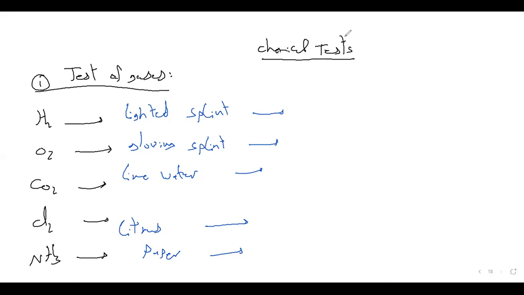In case of hydrogen, the lighted splint burns with a pop. Oxygen, a glowing splint relights or glows more. Carbon dioxide, lime water turns turbid or milky.